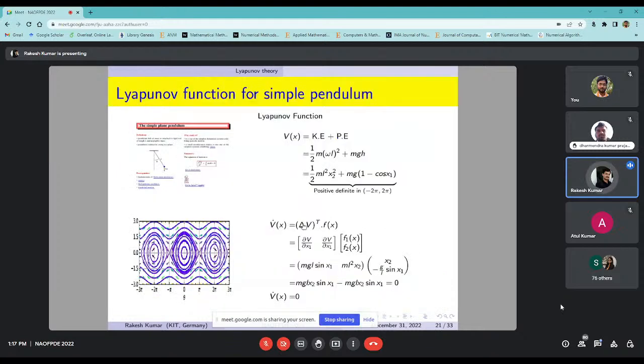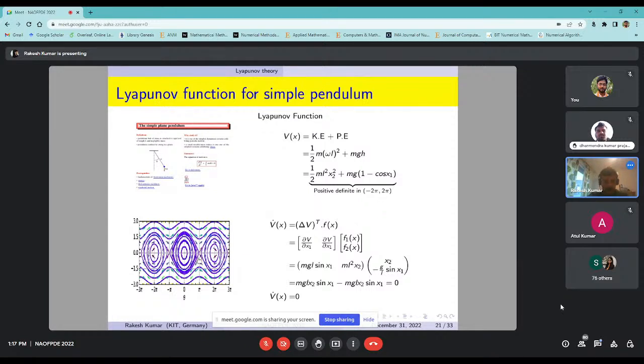Now we come to the pendulum problem. For that kind of pendulum problem, we can design the Lyapunov function as an energy function, kinetic energy plus potential energy. This is a positive definite function, positive definite between minus 2 pi and 2 pi.